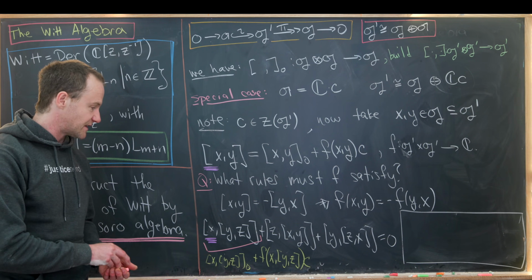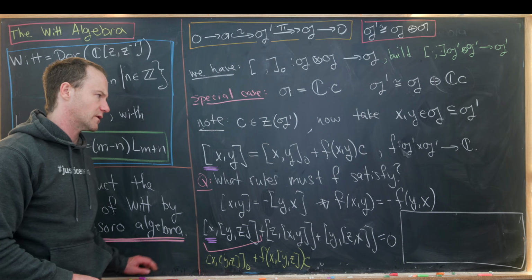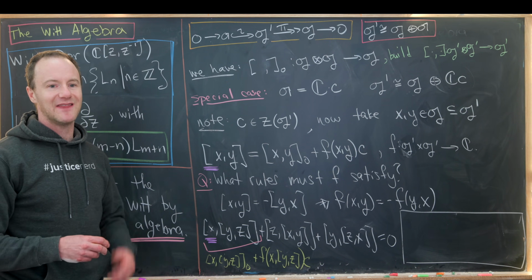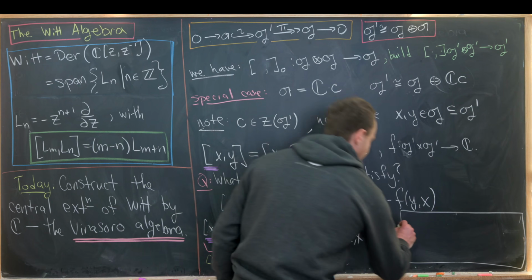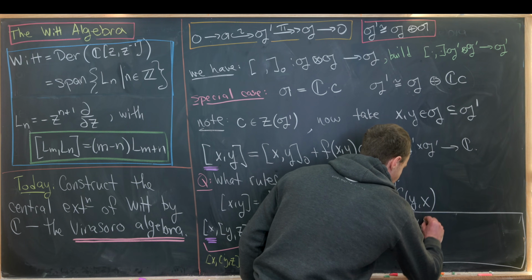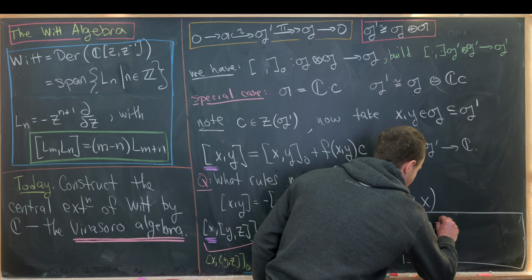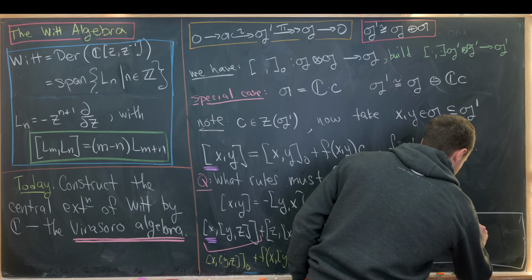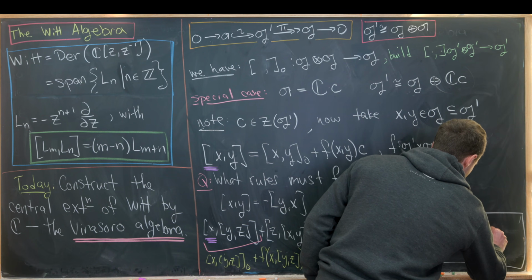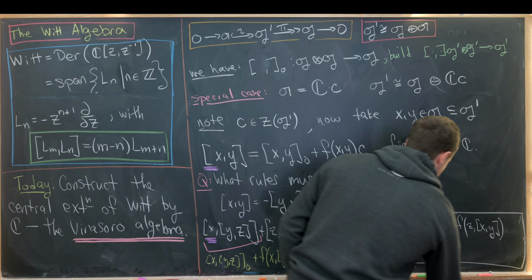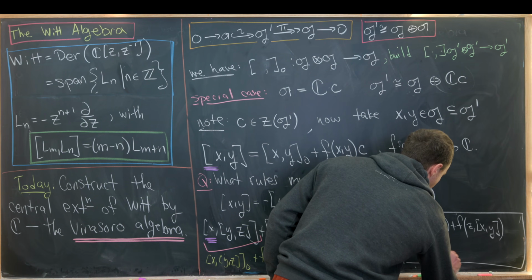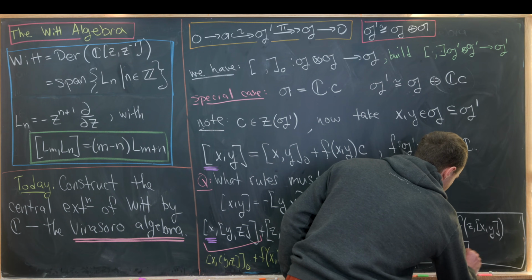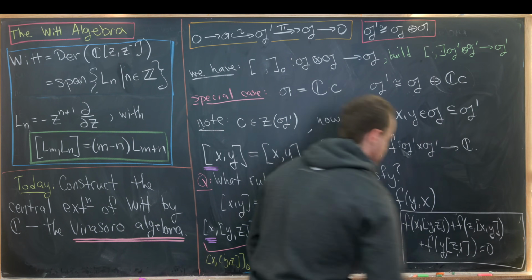And then a bunch of stuff cancels from the original Lie algebra because it satisfies the Jacobi identity. And then in the end, you'll have the following equation: f of x and then bracket yz, plus f of z and then bracket xy, and then finally f of y and then bracket zx has to be 0.